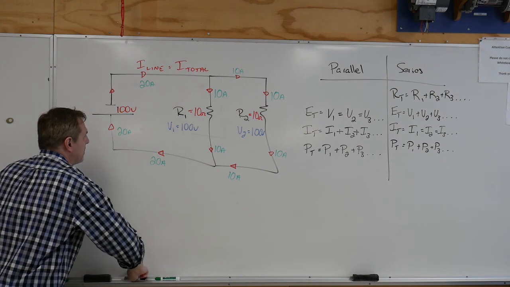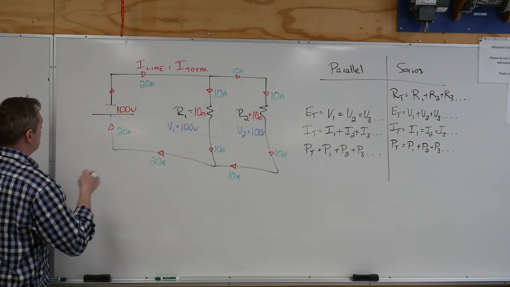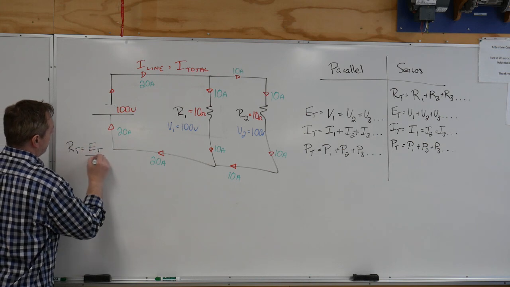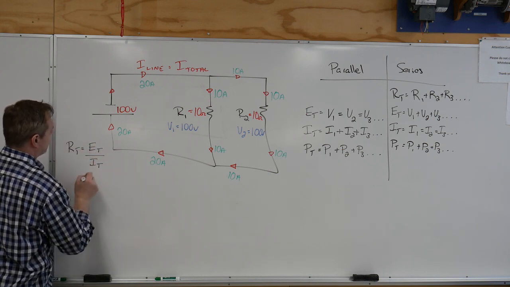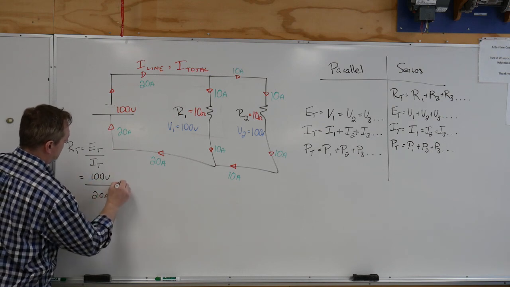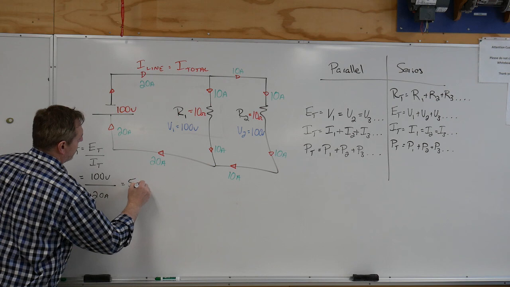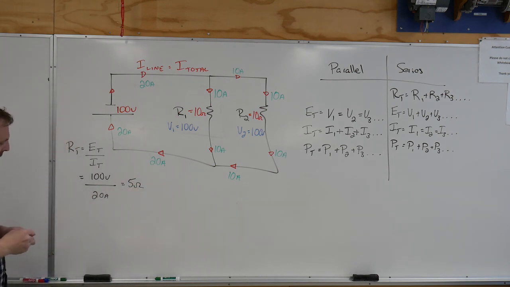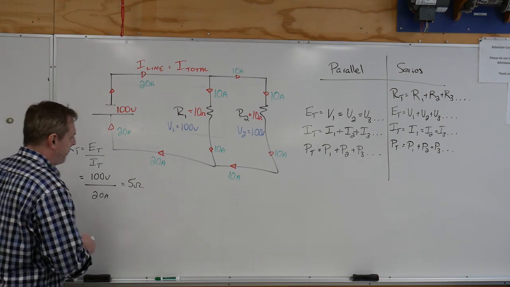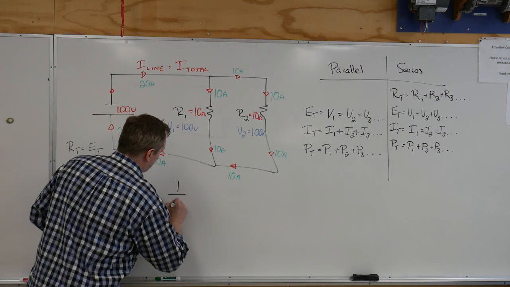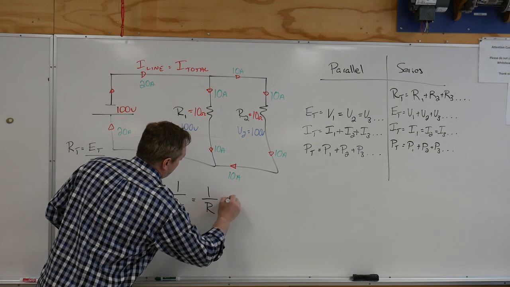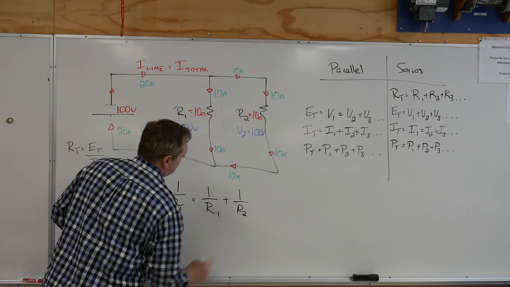Now, a simple way of doing it using the totals: R total is equal to E total divided by I total. So in other words, we could go 100 volts divided by 20 amps to give us 5 ohms. Or in your textbook, they also give us an equation: 1 over R total is equal to the reciprocal of R1 plus the reciprocal of R2.